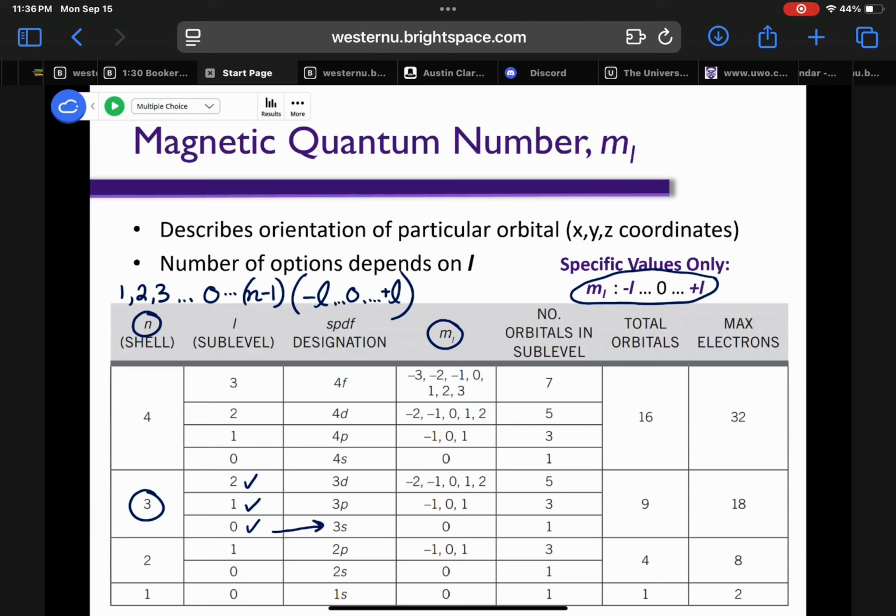Well, we're looking at the 3s orbital. That means L equals 0. So we can go from negative 0 through 0 to positive 0, which means 0. It only has one option. So ml equals 0. There's only one way to write that. And when we look at the 3D interpretation of S, we're going to see a sphere. Doesn't really matter which way you orient it, it still looks the same.